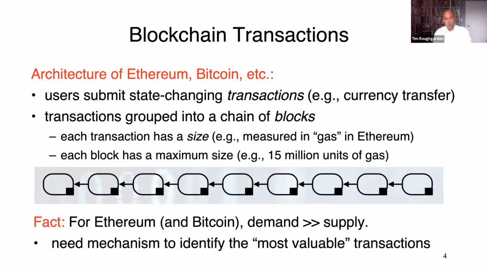Whenever you have a scarce resource, you'd like to allocate it as efficiently as possible. So we need a mechanism to figure out, of all the transactions that would like to be executed, which ones should actually be executed, ideally the most valuable transactions. That's exactly the point of a transaction fee mechanism: to choose from all pending transactions which subset actually gets allowed to be executed on the blockchain.